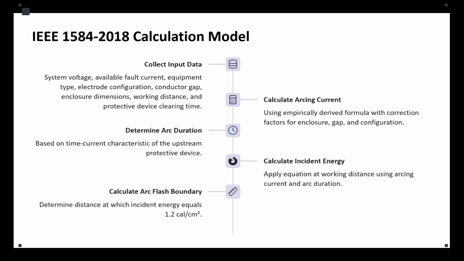It is built on over 1,800 laboratory tests involving various equipment types, conductor geometry, enclosure dimensions, and fault conditions. The equations in the model are statistically derived curve fits that allow us to estimate real-world arc flash with high confidence.